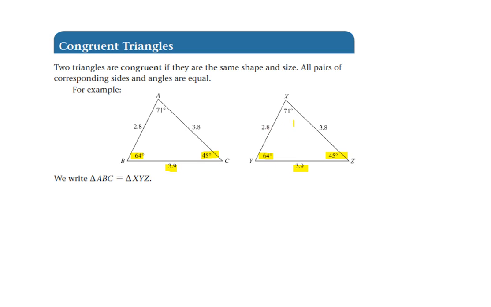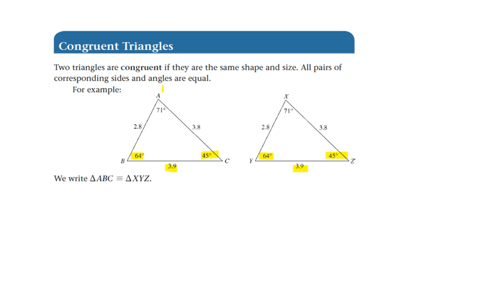If we go around, you'll see that everything is in exactly the same position. So therefore we write that triangle ABC is congruent to, that's the triple equal sign, triangle XYZ.